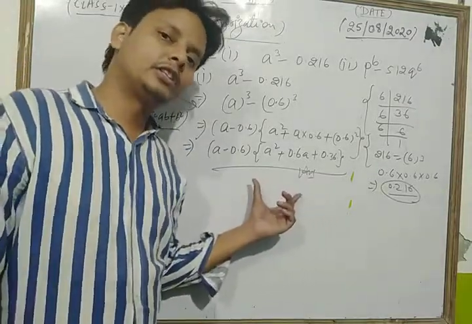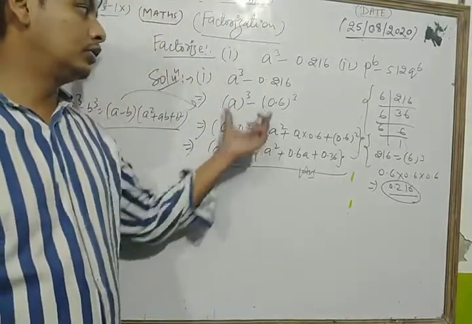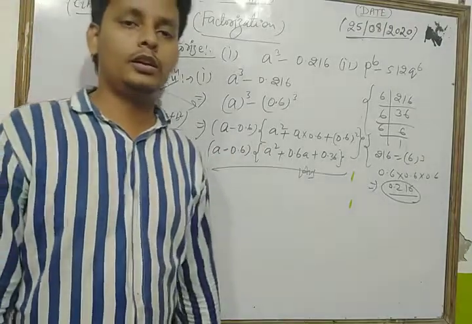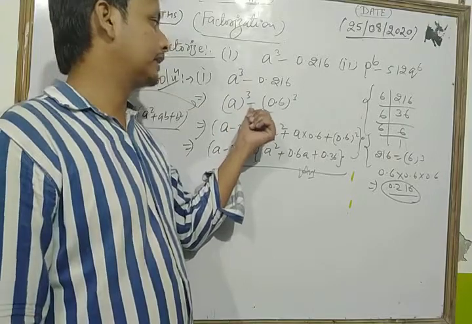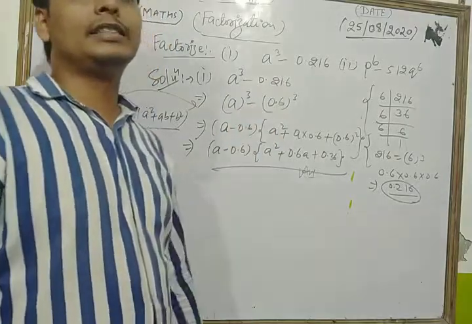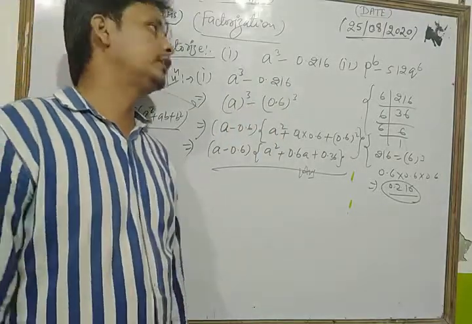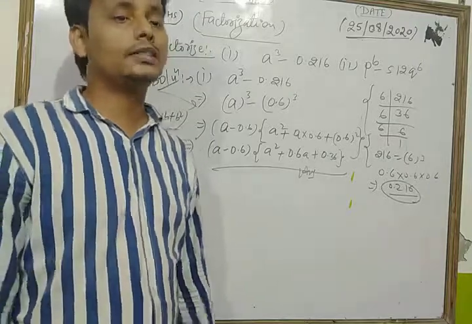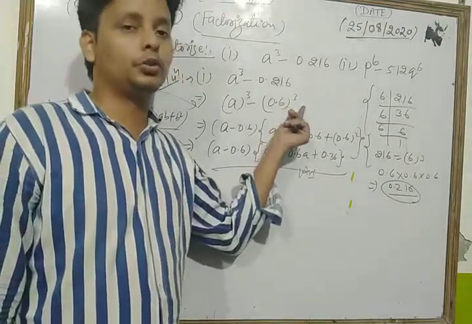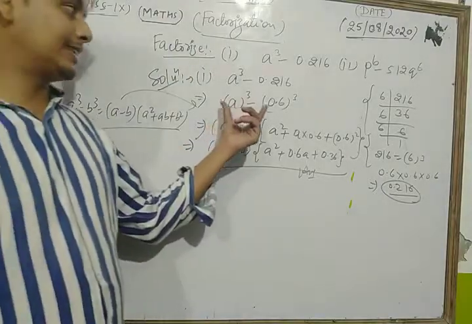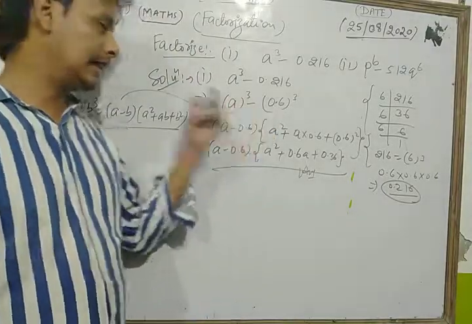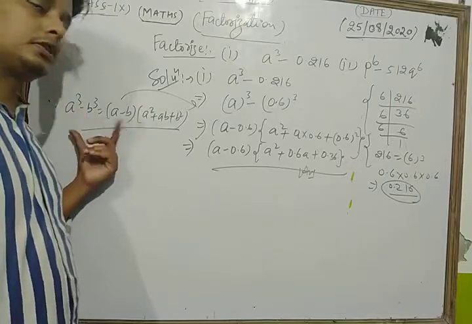So dear student, in this way you can solve that type of questions. Now let's see once more. First we write a cube minus 0.216 as 0.6 to the power cube. Now we expand the given question using the identity a cube minus b cube.